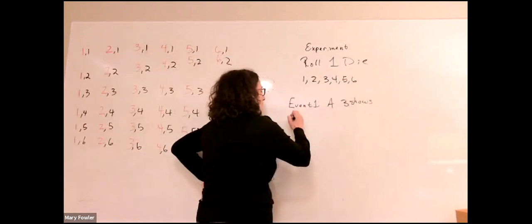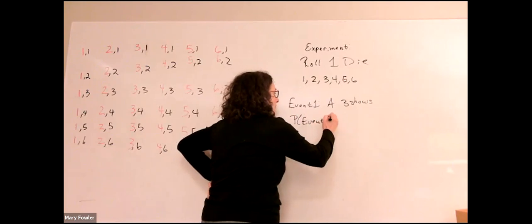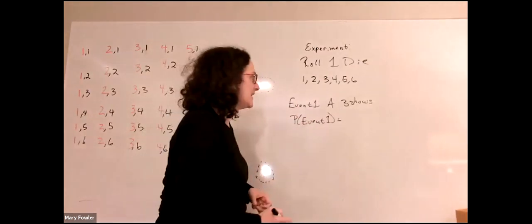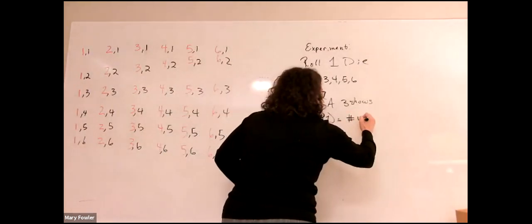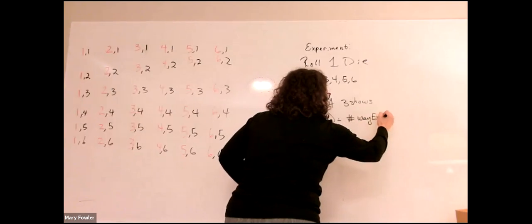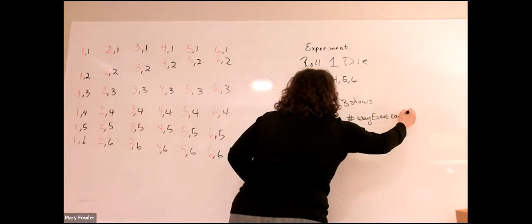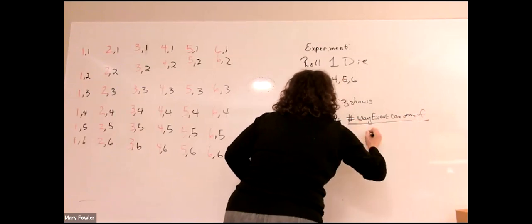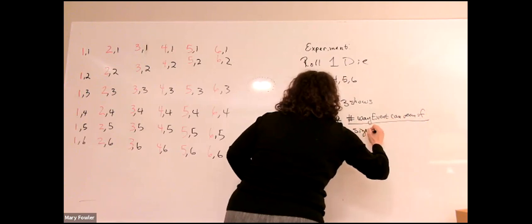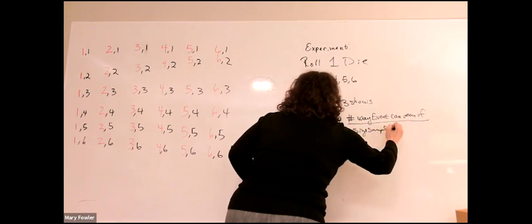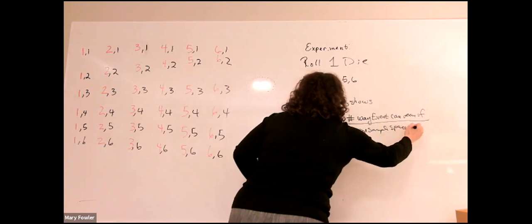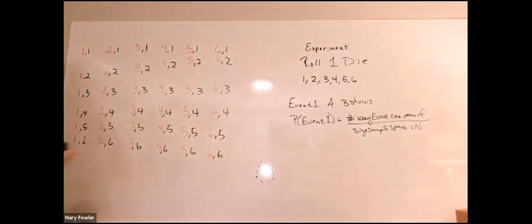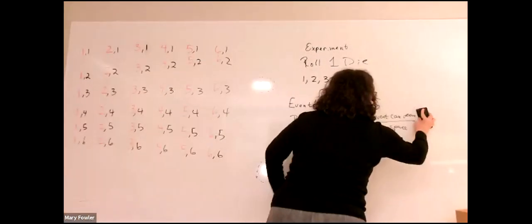Then we want to look at the probability of event 1, and that's going to be the number of ways that event 1 can occur, otherwise known as F, over the size of the sample space, and that's known as N. So we can write that as equal to F over N.